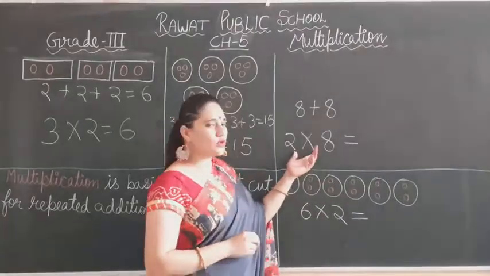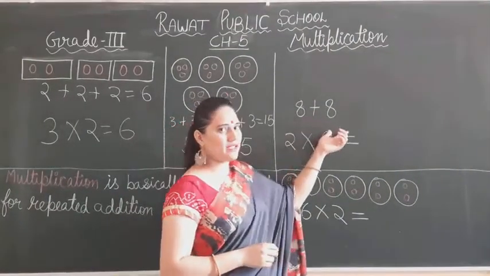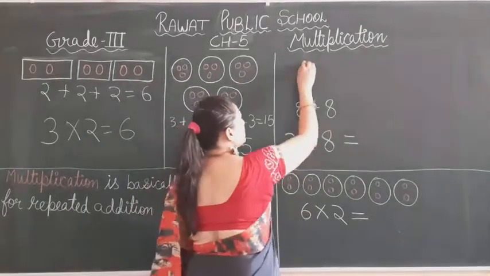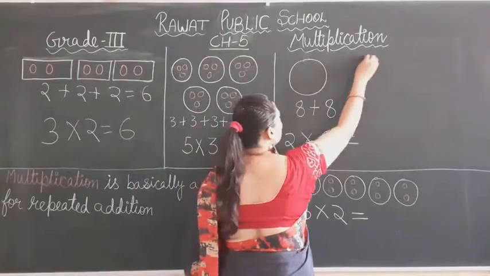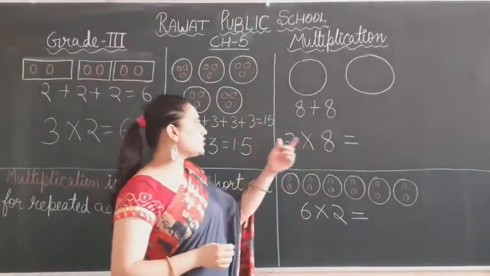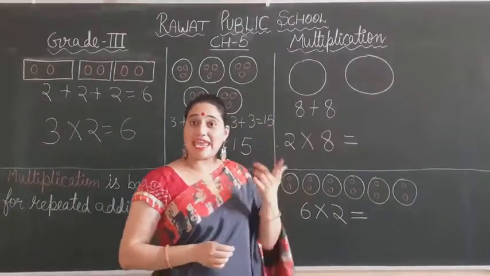Okay, we can go to see one more question here. As I am having 8 plus 8, how many groups do I need? I need 2 groups. I am going to draw it for you. We need 2 groups, and in each group, how many objects do we need? Yes, we need 8 objects.